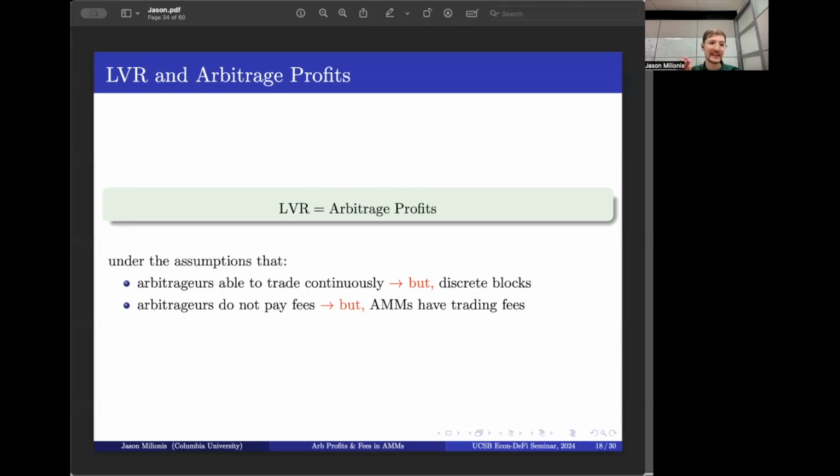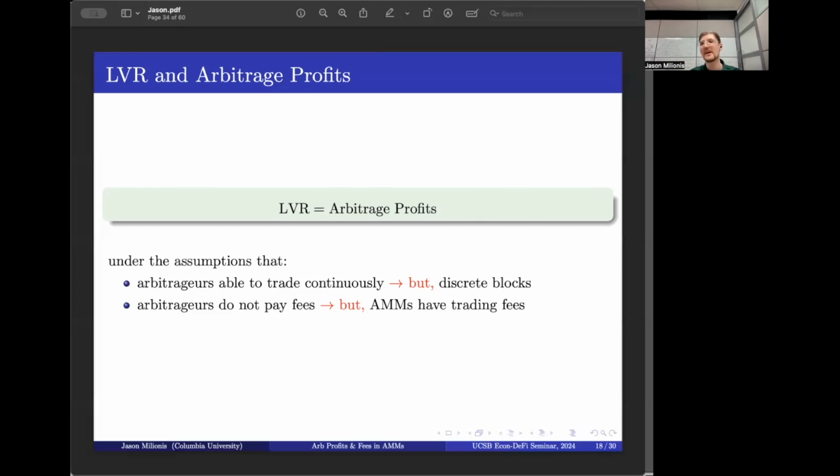And so what are these key assumptions that we made? First of all, the arbitrageurs can trade continuously with the AMM. Well, the reality is, though, that you cannot trade continuously in a pool, right? You can only trade when the blocks are actually generated. And secondly, that the arbitrageurs do not pay fees when they actually trade.